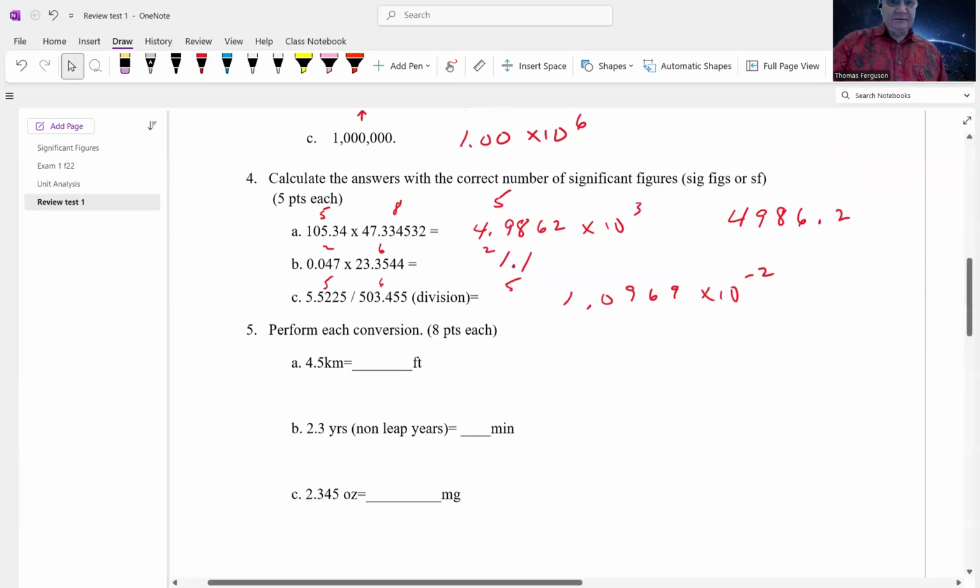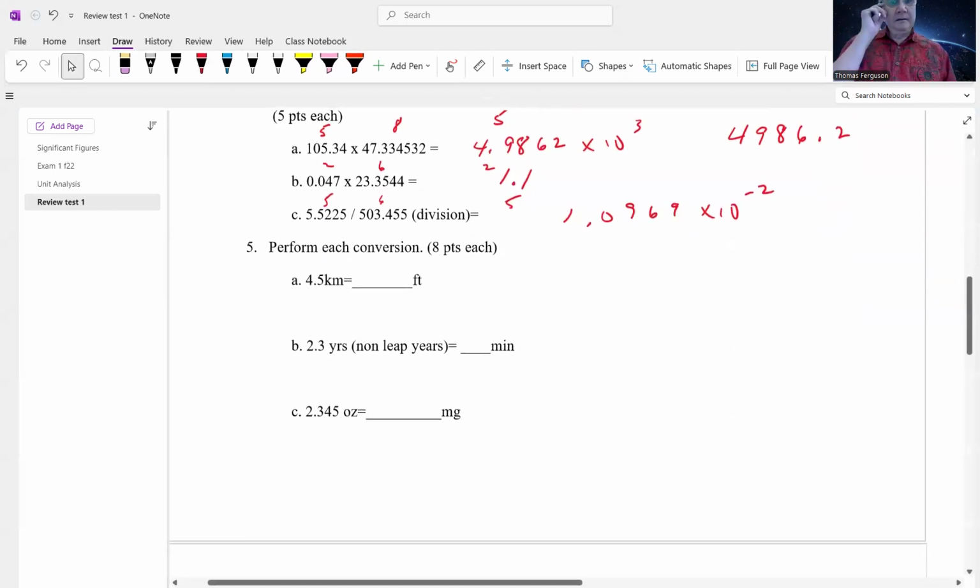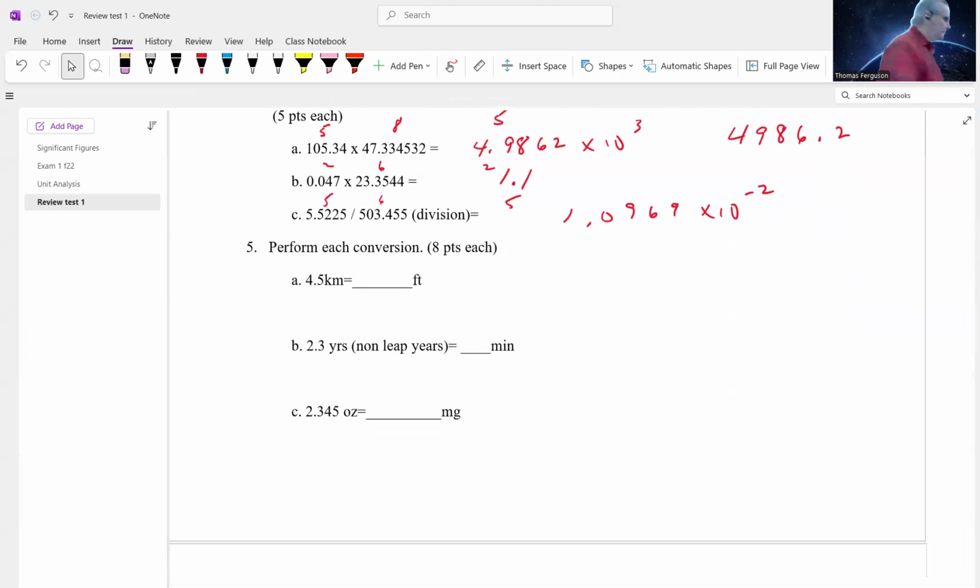Okay, conversions. For those of you who have come in after I mentioned this, I photocopied off the latest conversion sheet. This is the same one you're going to be using for your tests.